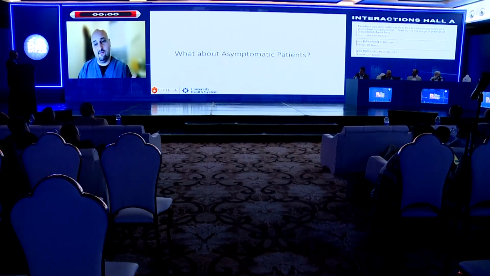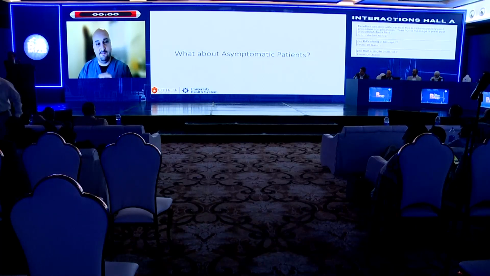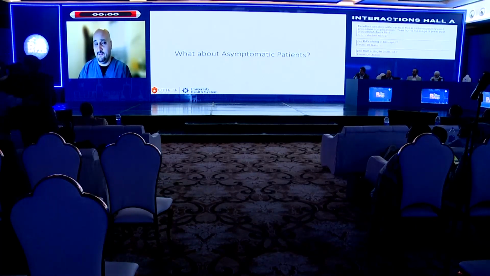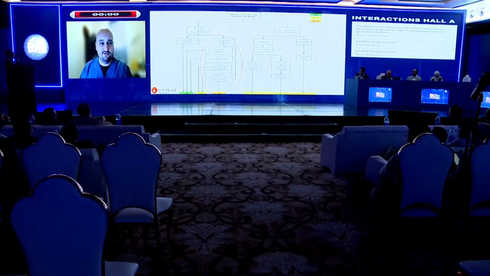Now, I also want to touch briefly on asymptomatic patients, because there is data that will soon be available for these patients. We talk about patients who have severe aortic stenosis but are not showing any symptoms.